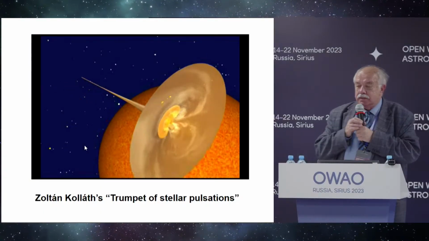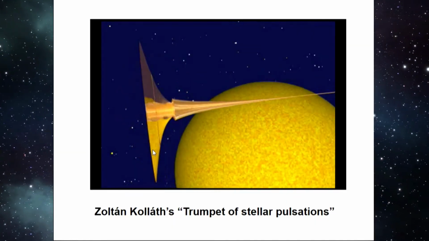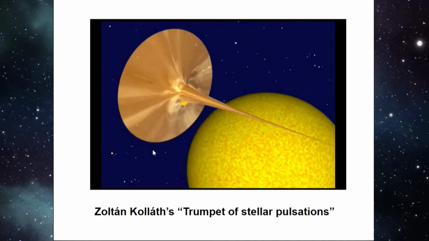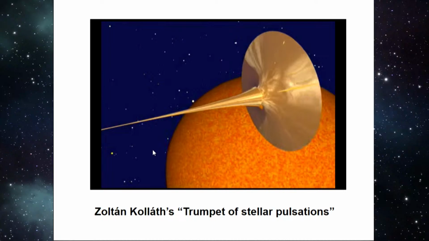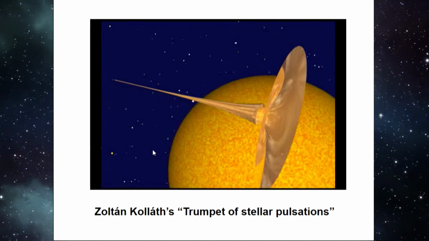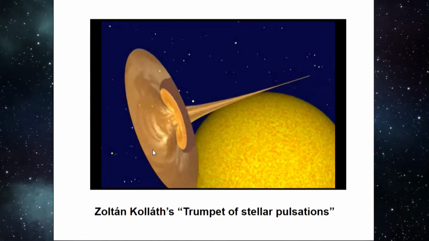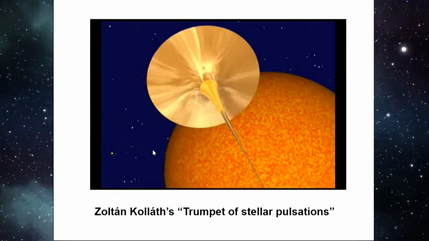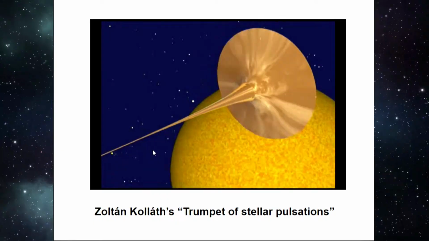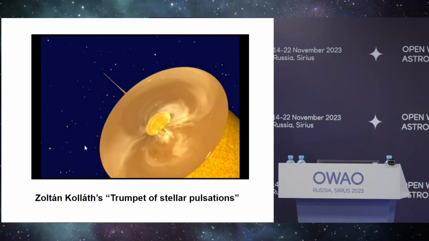And now I will show you what was done on the basis of this idea. A kind of celestial music. I think there are people among you who will immediately say, well, this is not celestial music, this is Bach. That's correct. This is Bach, but his music illustrates what I want to say very well. A Hungarian astronomer, Zoltán Kollát, had an idea.